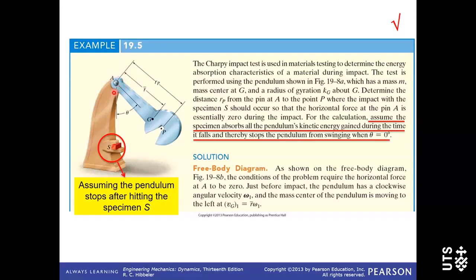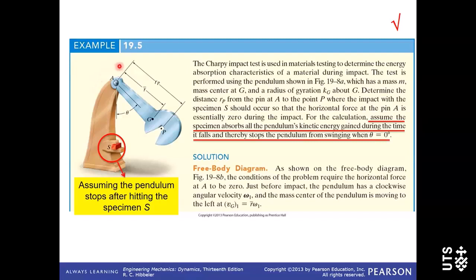So this means when this pendulum hits the test specimen, there is the impact here, and also there is impact at the pin at this point A. So this means this pin will absorb some of the kinetic energy of the pendulum.